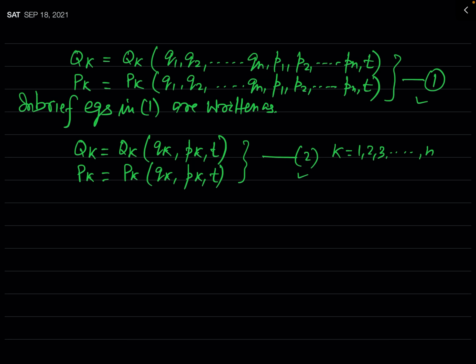It means the form will remain the same as it was in the old coordinate system. Only then can you say that the transformation defined in equation 1 or 2 is actually the canonical transformation.